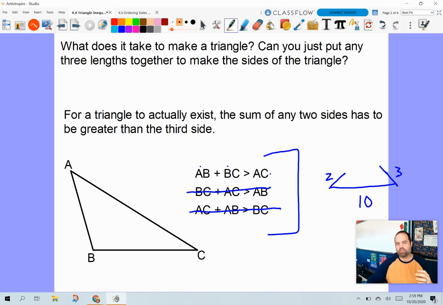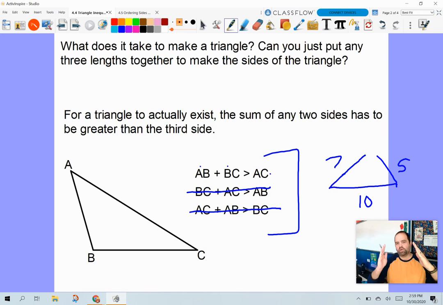So what I'm ultimately doing is comparing the two small sides to the third, biggest side. Let's say I change these numbers here. Let's make this one a little bit longer. Let's say this one's 7 and this one is, say, 5.